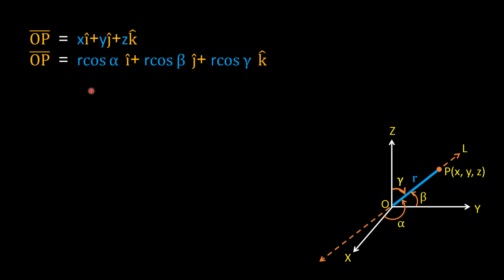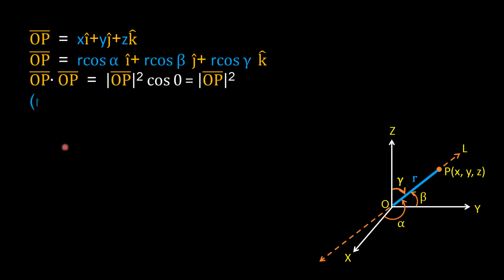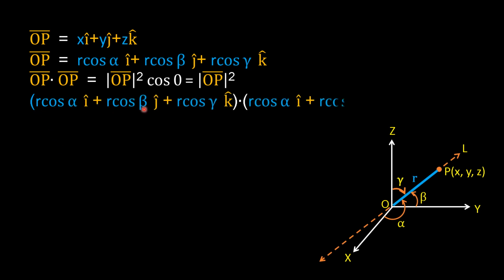Now we will take the self dot product of OP bar and write OP bar dot OP bar, which will be mod OP bar square cos 0, because the angle between the self vectors will be 0 degrees, which will be mod OP bar square. So this self dot product, OP bar dot OP bar, will be R square because mod OP bar is R.